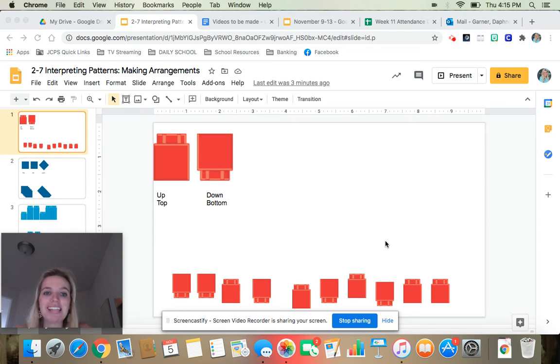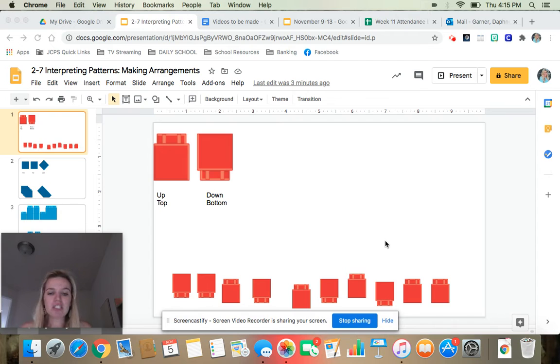Well, today what we're going to do is look at some patterns that are the same color and the same shape. We're going to see how they make a pattern when they have the same color and the same shape. So this is called interpreting patterns by making arrangements.